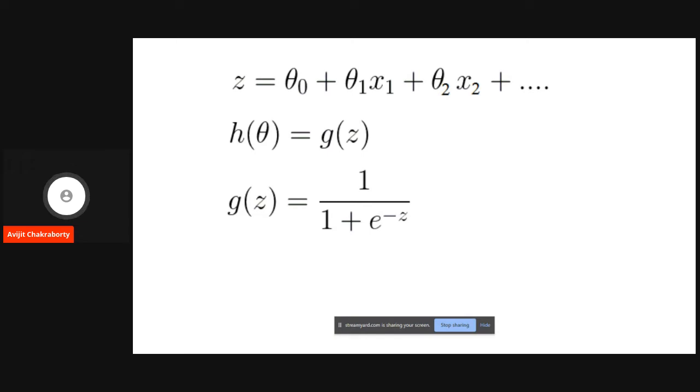Can anybody say what this function is? This is a sigmoid function.